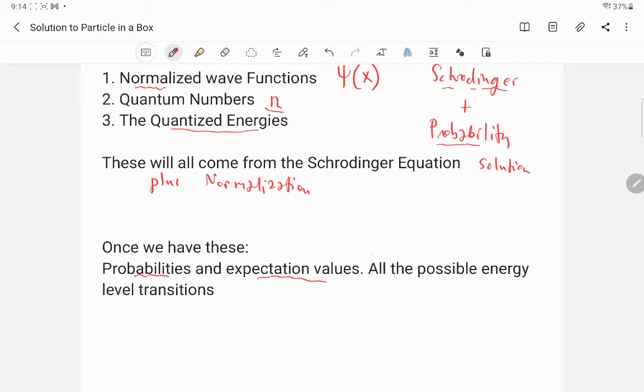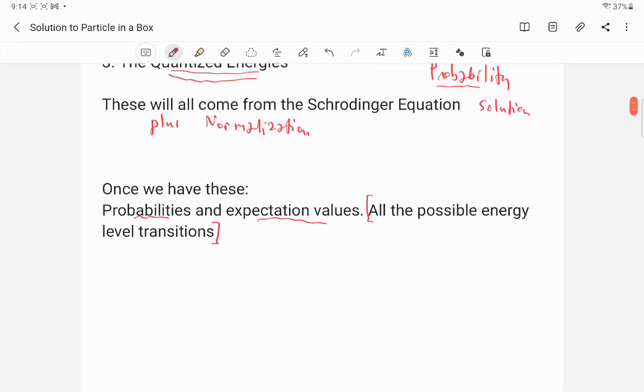Also, though, we're going to get all the possible energy level transitions, because these are the transitions simply between the various quantum states of our quantum system. So let's solve the Schrodinger equation problem.